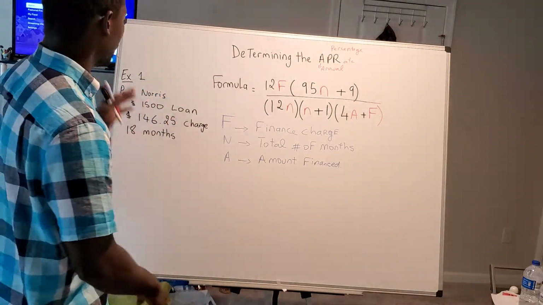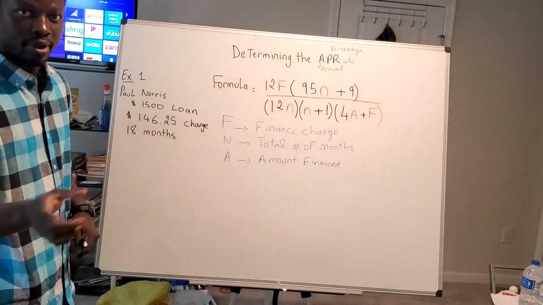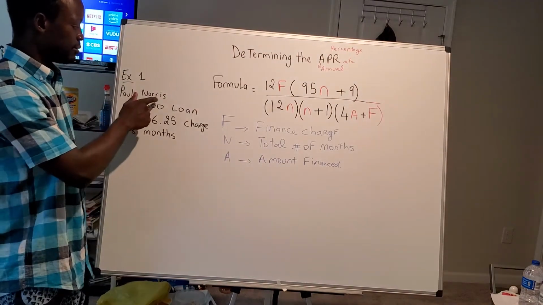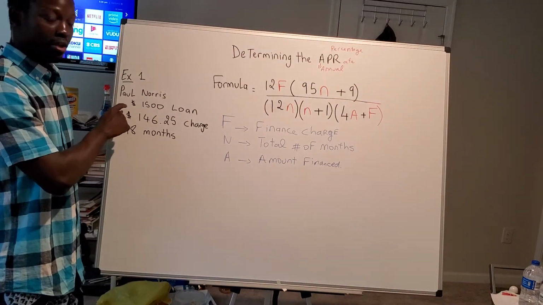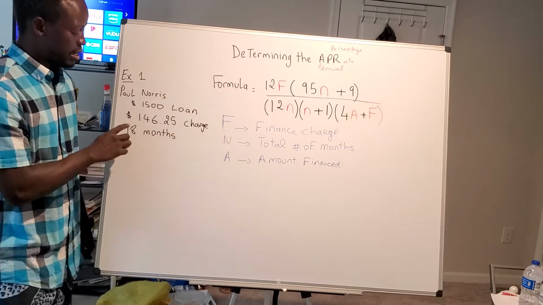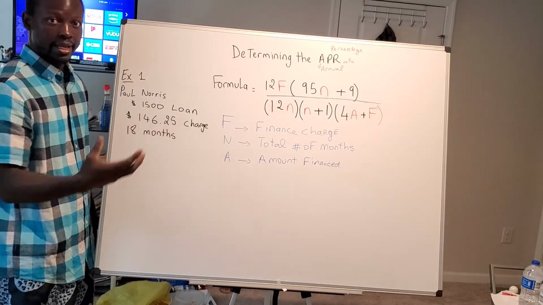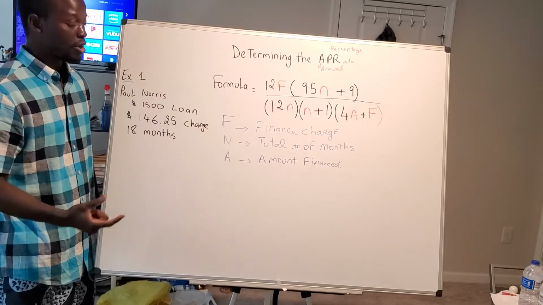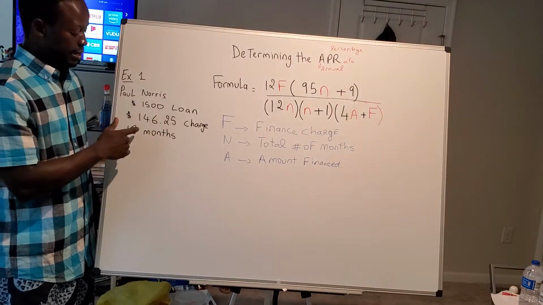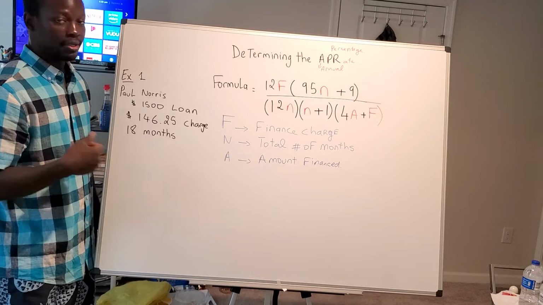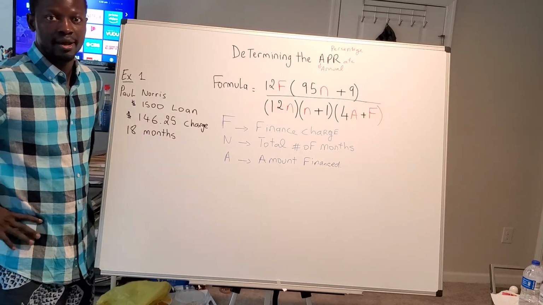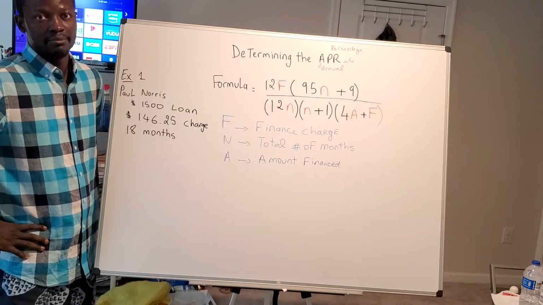So like I said, most of you from the previous problem I gave you, the Paul Norris example one. So he's getting a $1,500 loan, 146.25 charge, right? So that's how much the bank is charging him for this loan. And then 18 months. Now, 18 months is a year and a half, right? 1 year and 6 months.